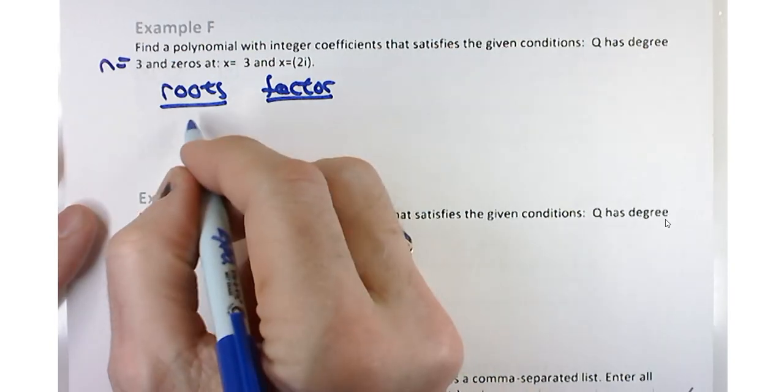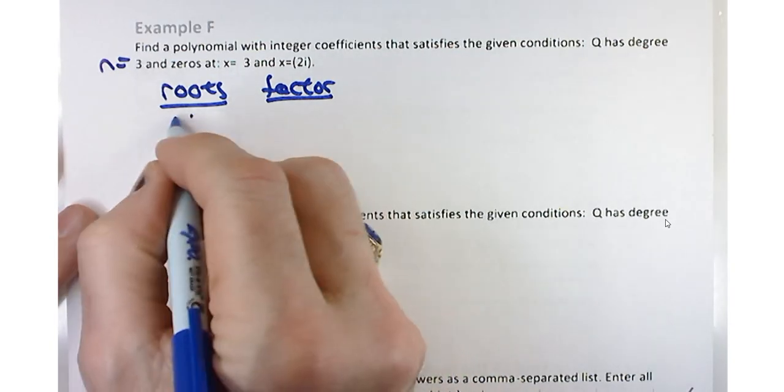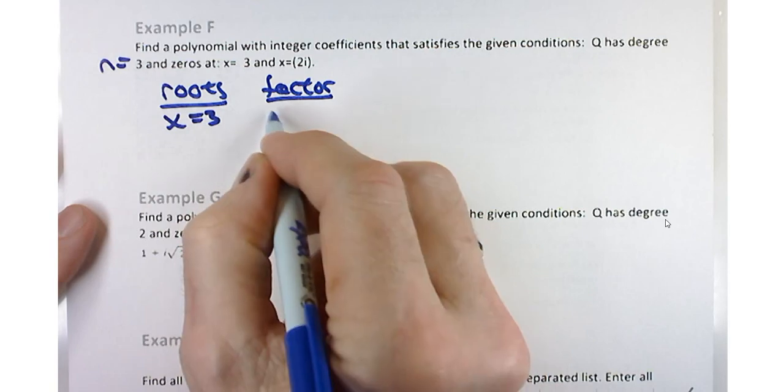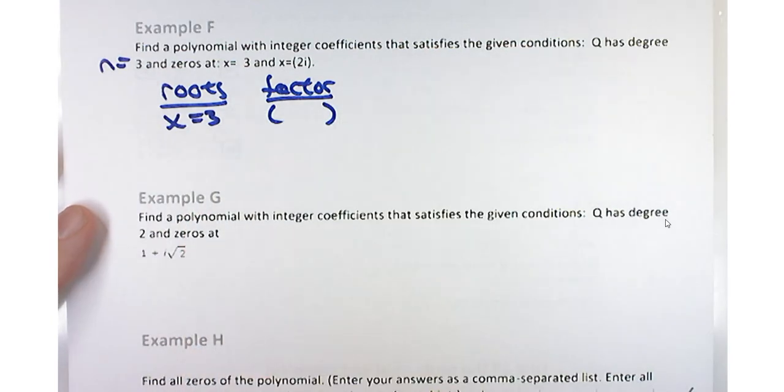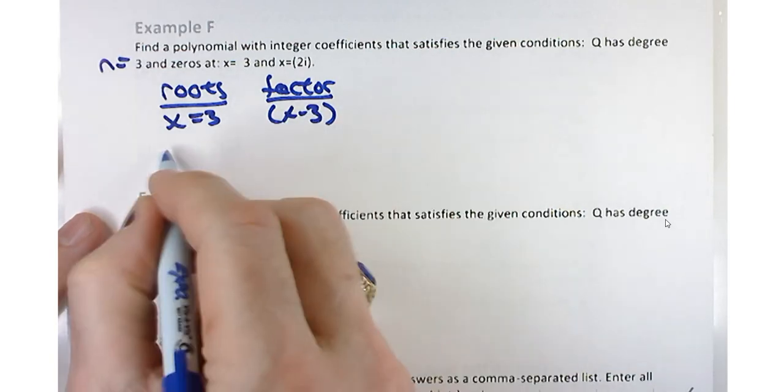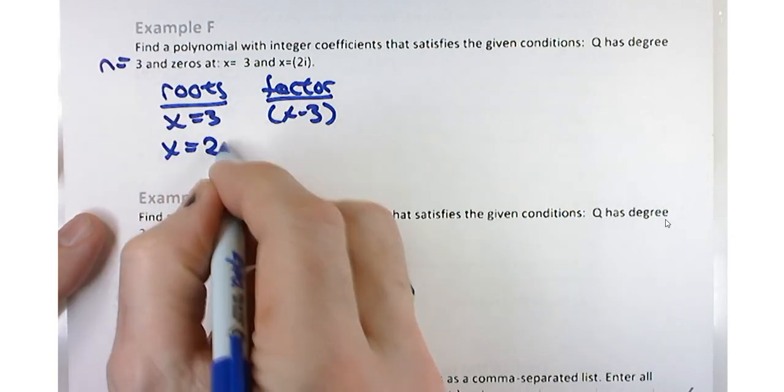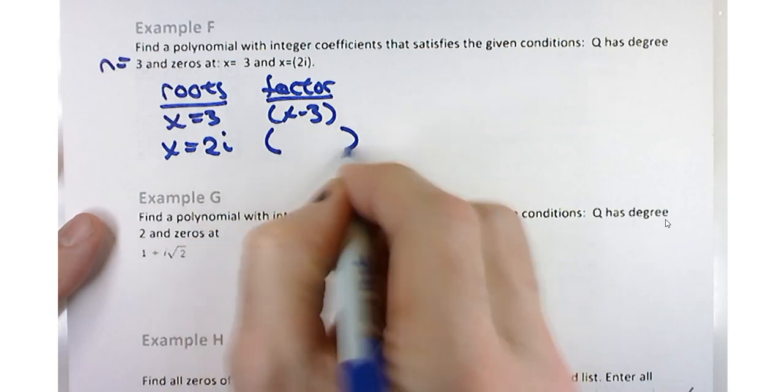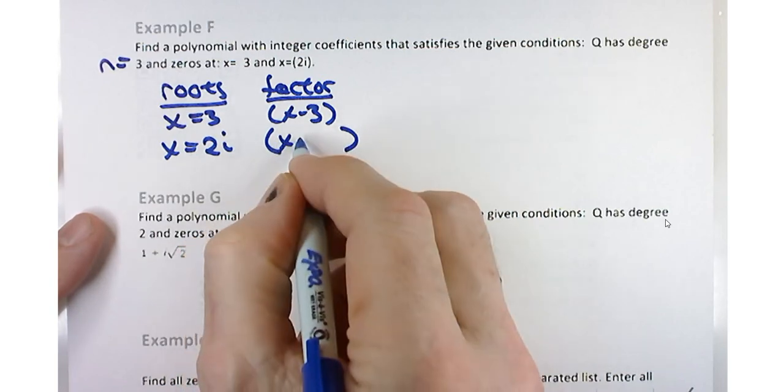I've got a root at 3, so that's x equals 3. What's the corresponding factor? x minus 3. I've got a root at 2i. What's the corresponding factor? x minus 2i.